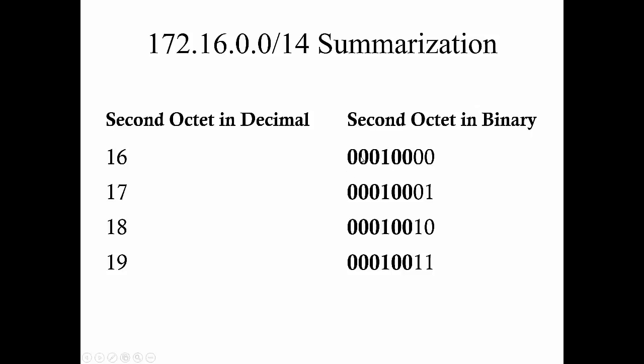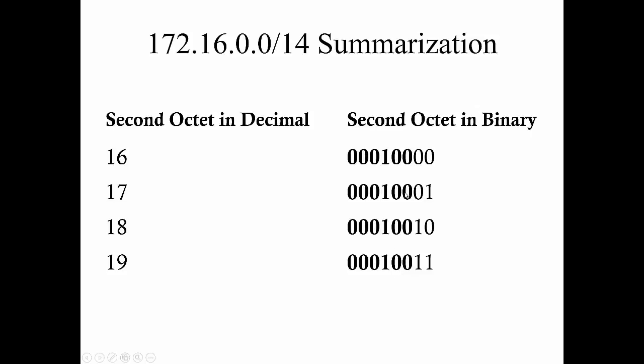Our 16 is 00010000. Our 17 is 00010001. Notice the 6 on the left are the common. They are all the same ones. So our summarization would be 8 bits in our first octet, 9, 10, 11, 12, 13, and our 14th bit.